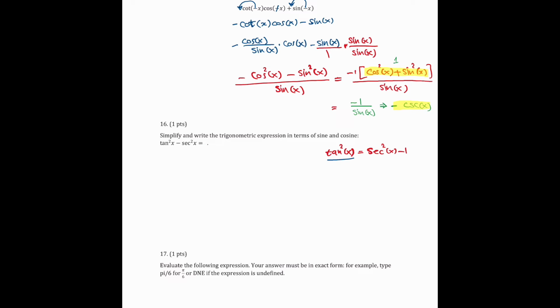I'm going to replace tangent in this expression with its equivalent, so I can write it as secant square x minus 1 minus secant square x. I notice immediately that secant is going to cancel with secant. Secant squared minus secant squared is 0, and I will end up with negative 1. So the final answer for this expression is equal to negative 1.